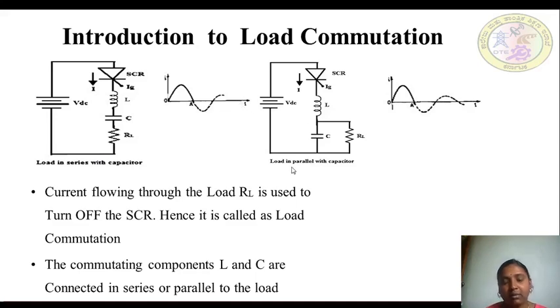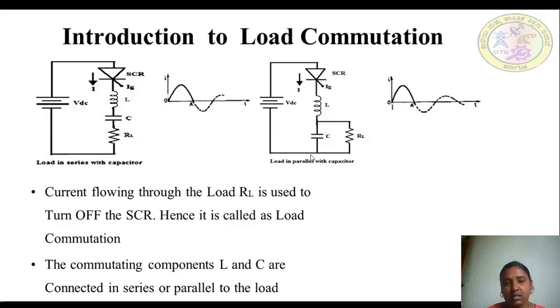Coming to this part, the load is connected in parallel with the capacitor. This R and C is again connected in series to an inductor, an SCR and the DC supply.